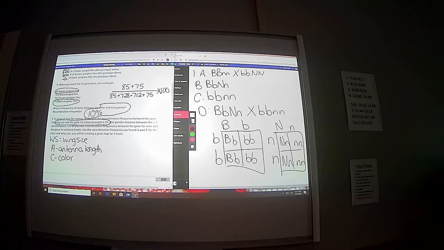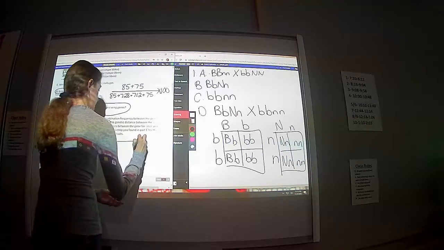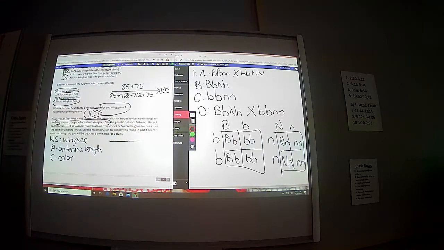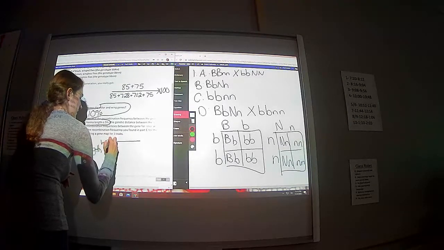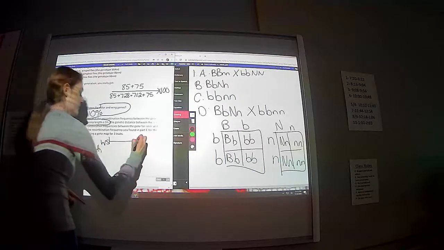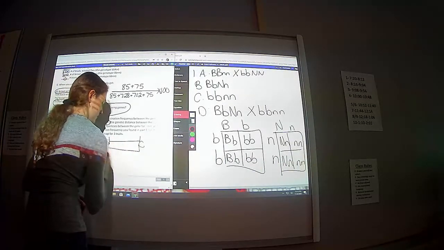So my possible options when creating this, I'll go ahead and draw just a line here. I know color and wing genes, so I'll put my wing size down here, and my color is going to go over here, and I'm going to say that this one is at 10%.